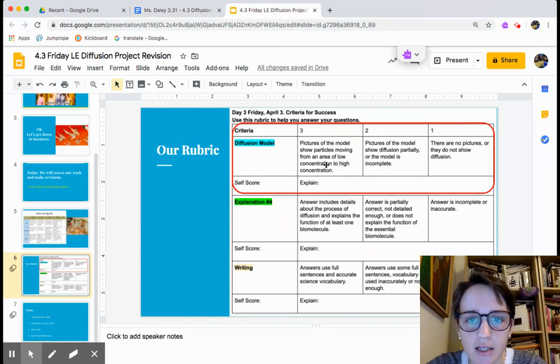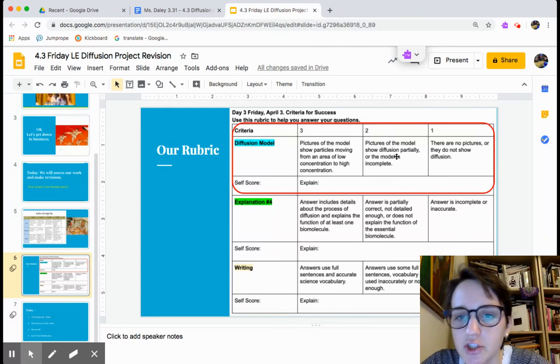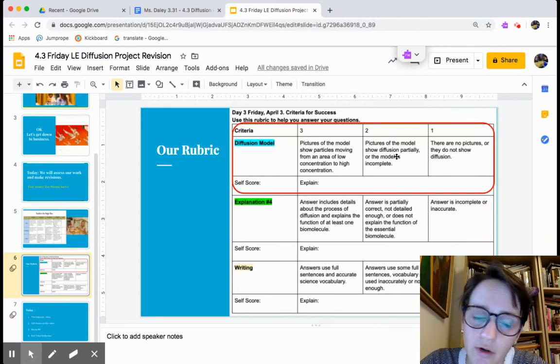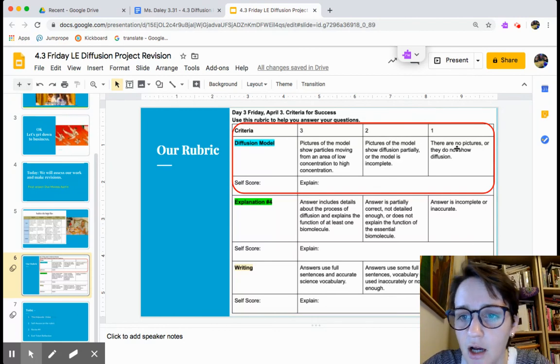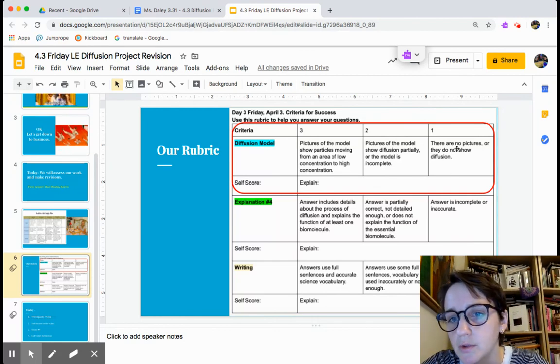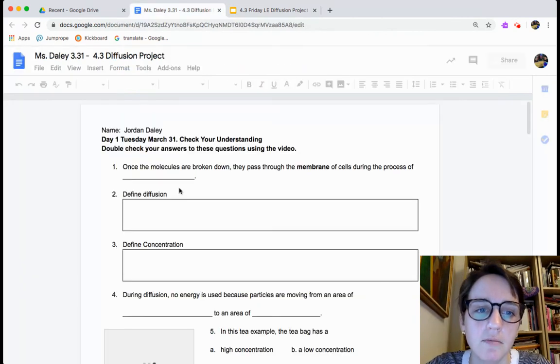If this is excellent, then the picture of the model is going to show particles moving from an area of low concentration to high. If it's okay, it might show diffusion partially, or the model could be incomplete. And if it was a 1, then there would mean there are no pictures or they don't show diffusion. So let's go look at my model.